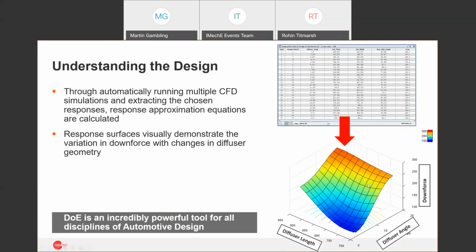Now, there's a certain amount to go through in today's talk, and that response surface is of course dependent on what the other two variables are doing at that moment. So if I change the exit width and the rake at the back of the car, then that response surface will change. And you find in the tools you can dynamically start to see that, and really explore that design. It's quite enlightening when you get that first response surface out, in terms of understanding your system and seeing what's going on.